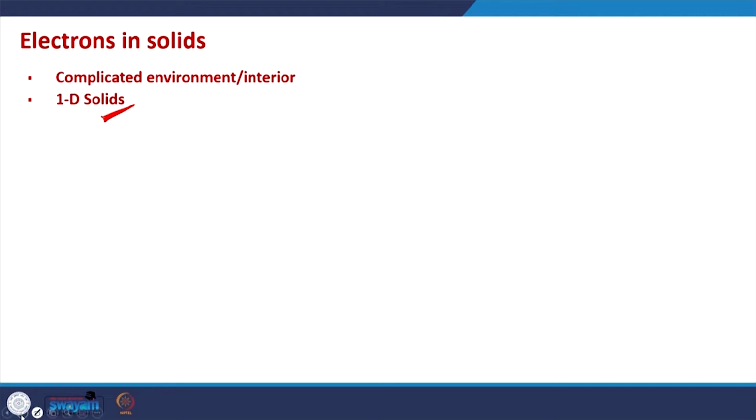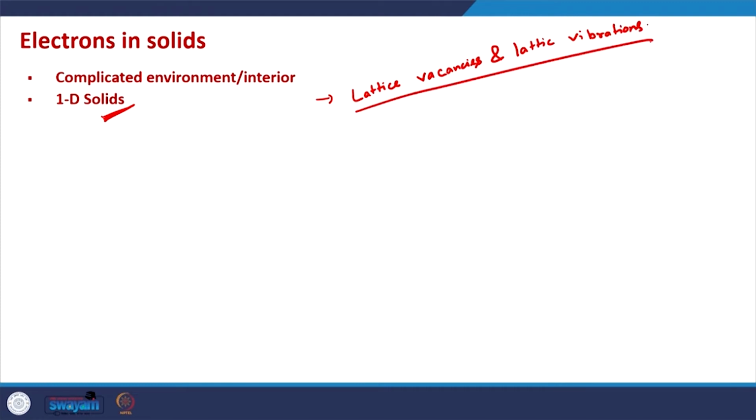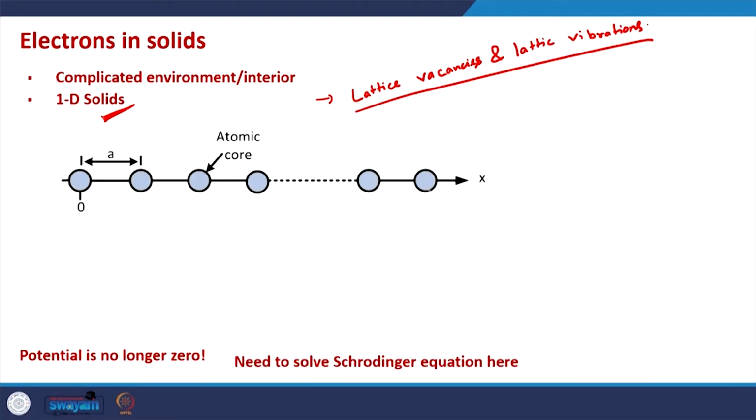And moreover, in 1D solids we do not consider lattice vacancies and lattice vibrations. So, we do not consider these two non-idealities, and we first consider an ideal 1D solid. An ideal 1D solid will look something like this.